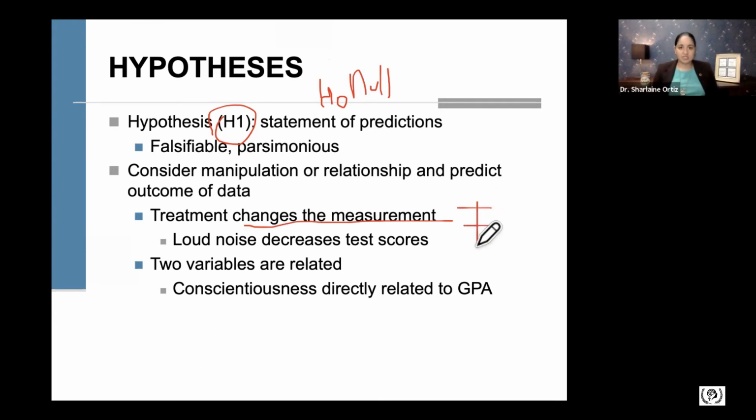But my alternative hypothesis says, no, wait a minute, I am going to predict a change. I'm going to see something different. So notice that this is why we say that a hypothesis has to be falsifiable. A hypothesis has to be prone to rejection, because we are trying to reject the hypothesis that there was no change.